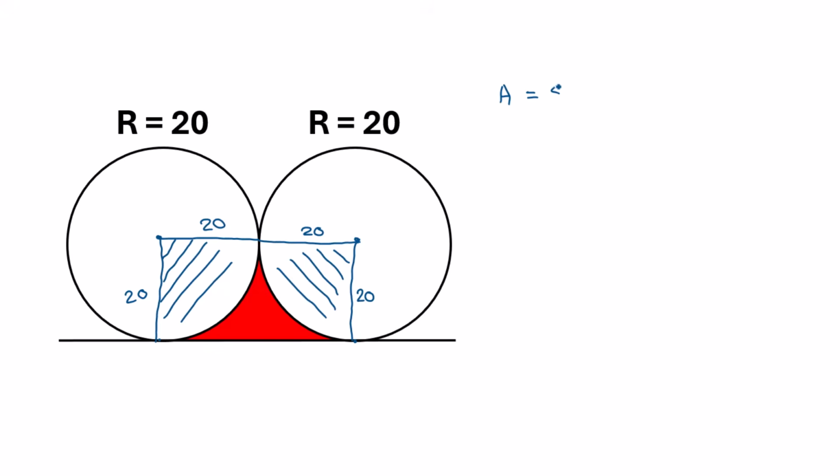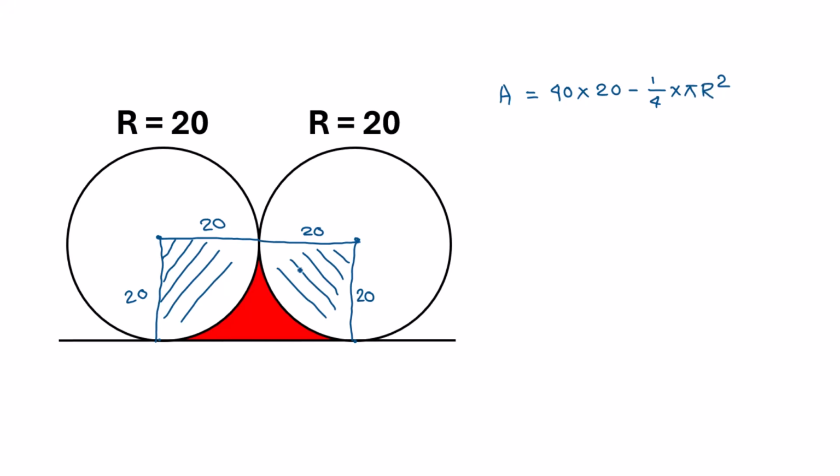So 40 times the width of this rectangle, which is 20, minus the area of this quarter circle, which is 1/4 of the total area of this left circle. The area of the left circle is pi r squared.